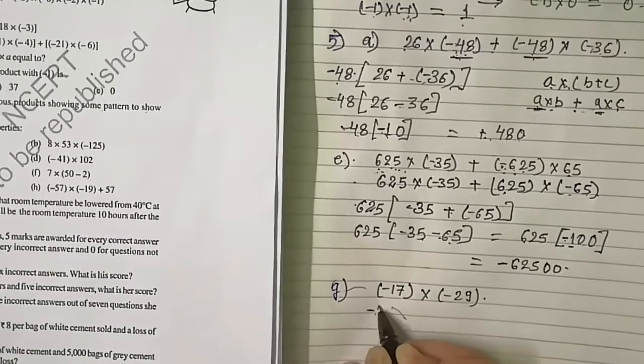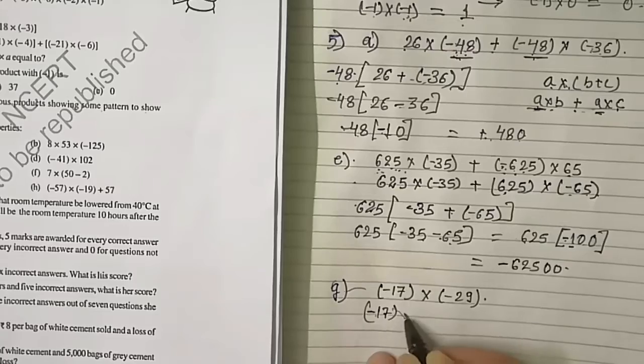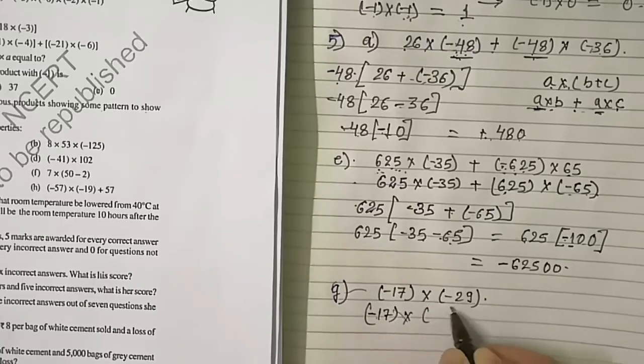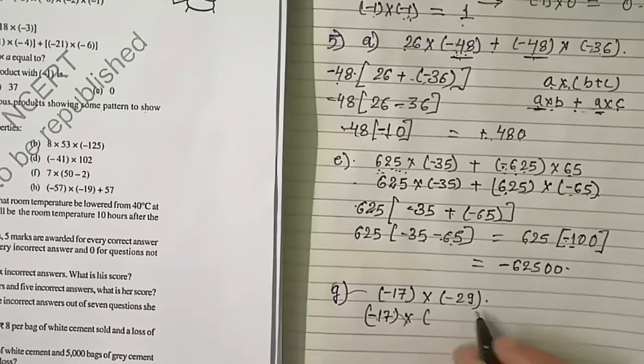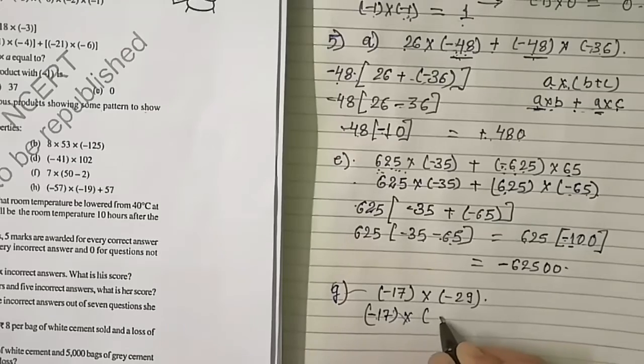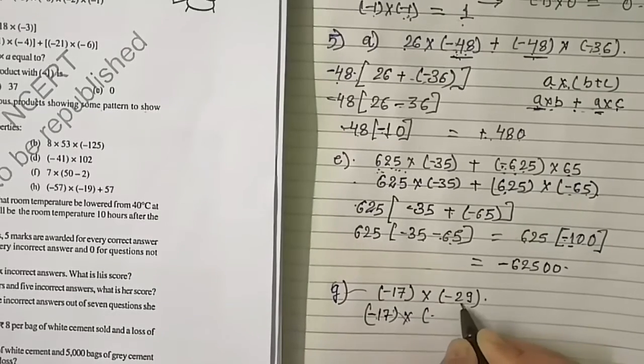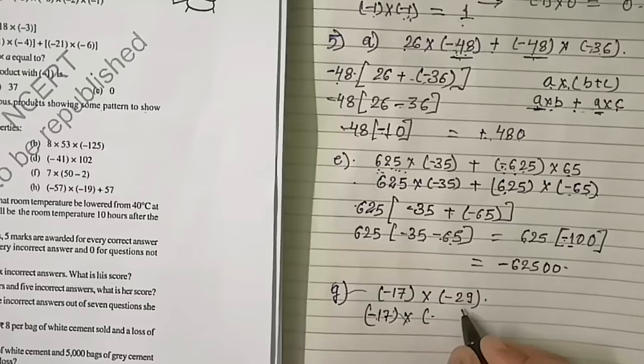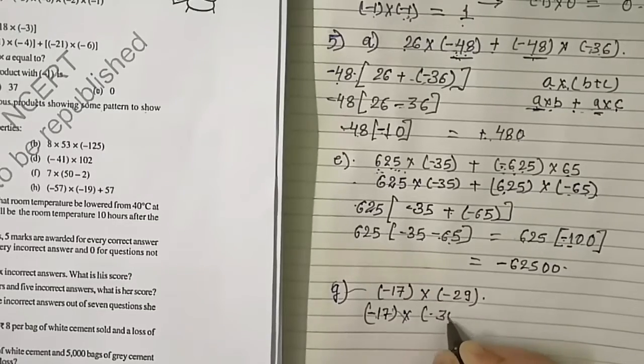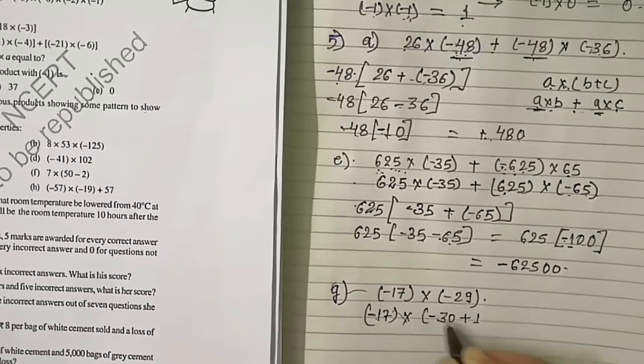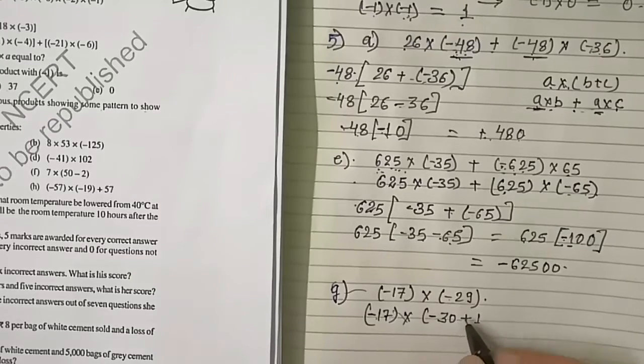Minus 17 is given, and this minus 29 we can write as minus 30. Okay, minus is given here, so we can put this first of all separately.